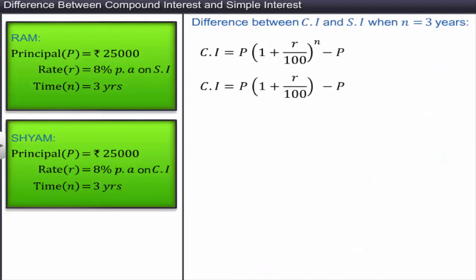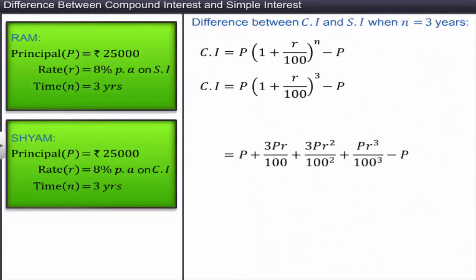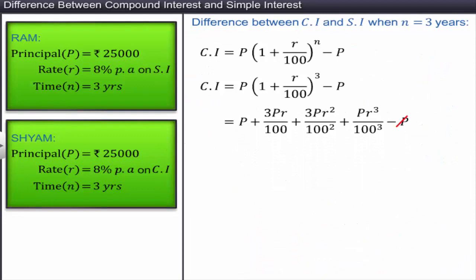On substituting n is equal to 3 in the formula and simplifying, we get compound interest as shown. Let's take this as equation 1.